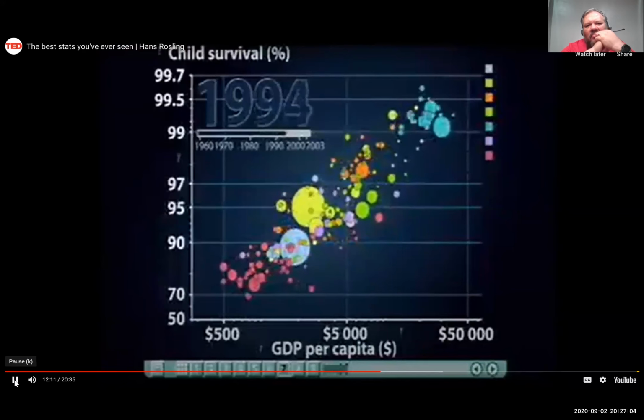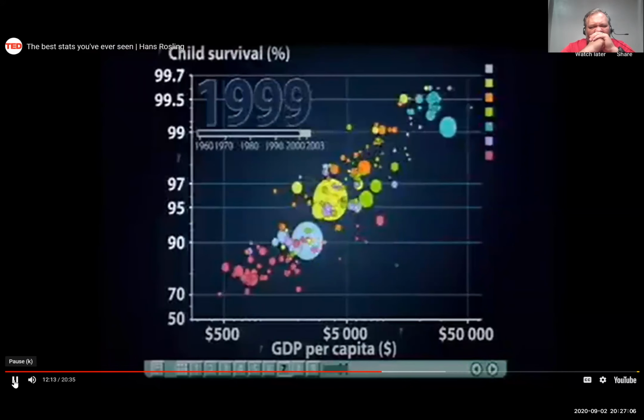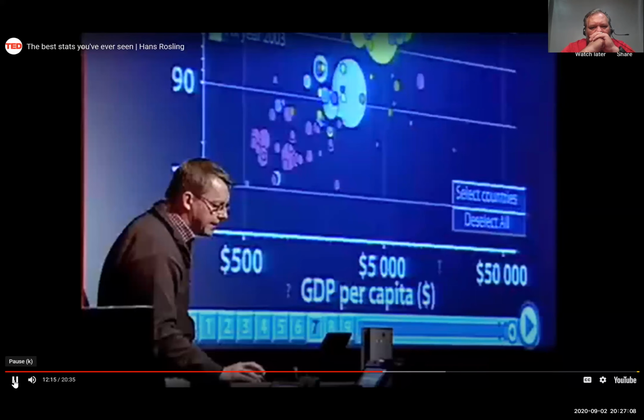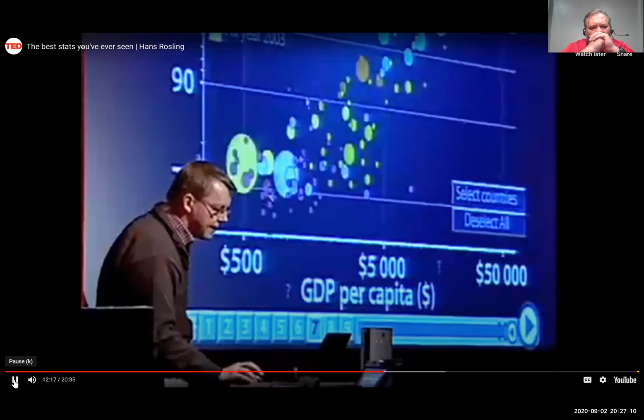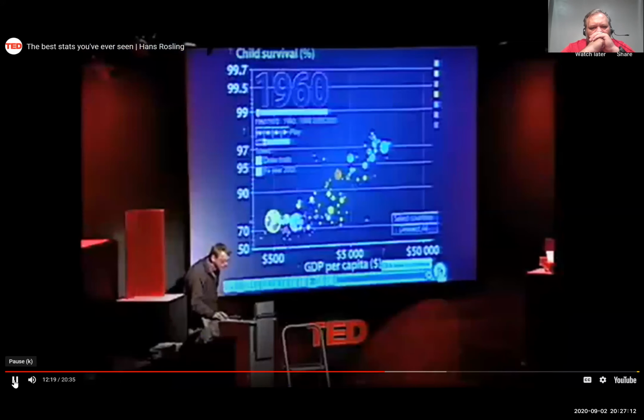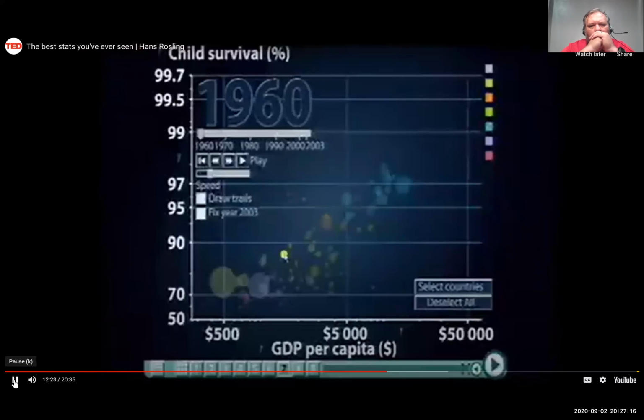But I would like to bring you back to about here at 1960. And I would like to compare South Korea, which is this one, with Brazil, which is this one. The label went away for me here. And I would like to compare Uganda, which is there.